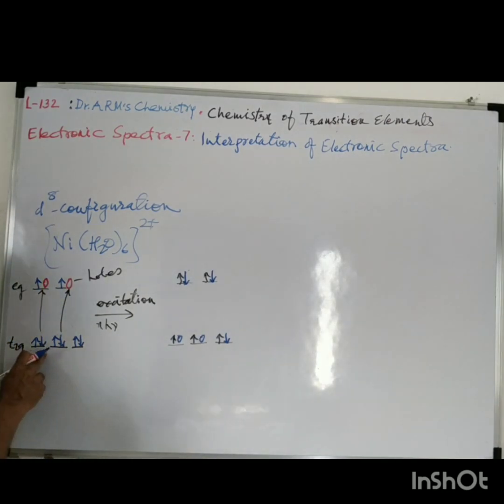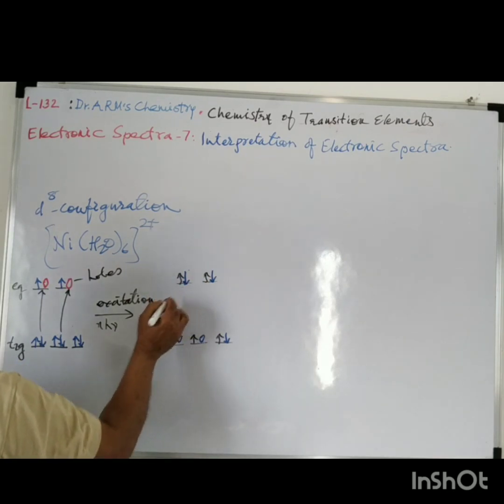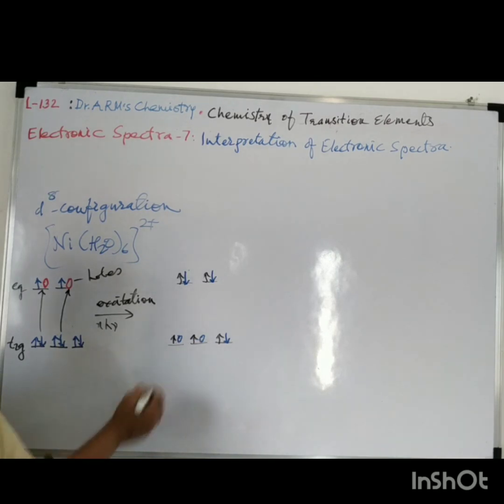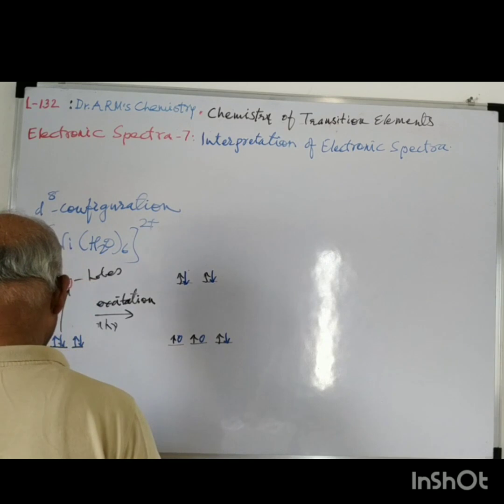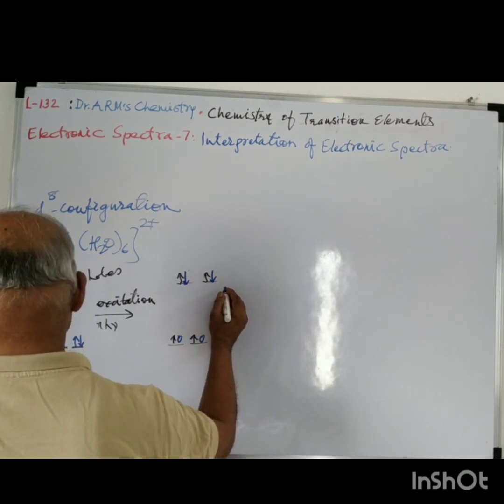Out of these 6 electrons, 2 electrons have moved into the Eg level and the holes are moving in the T2g levels.